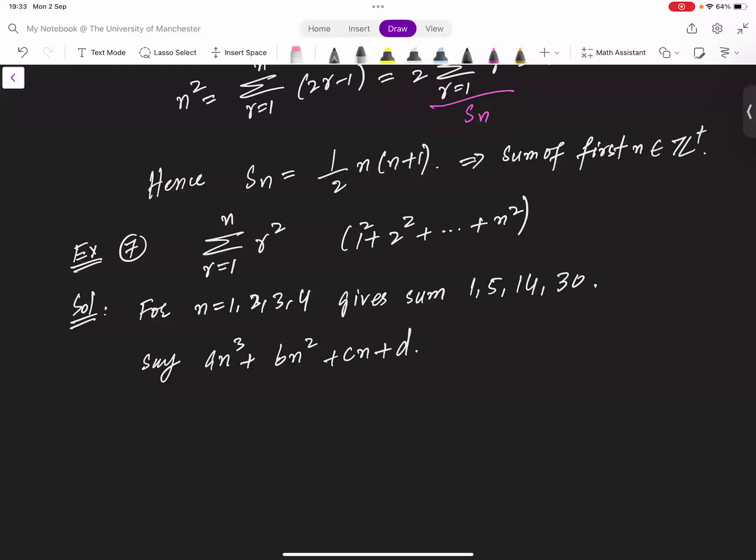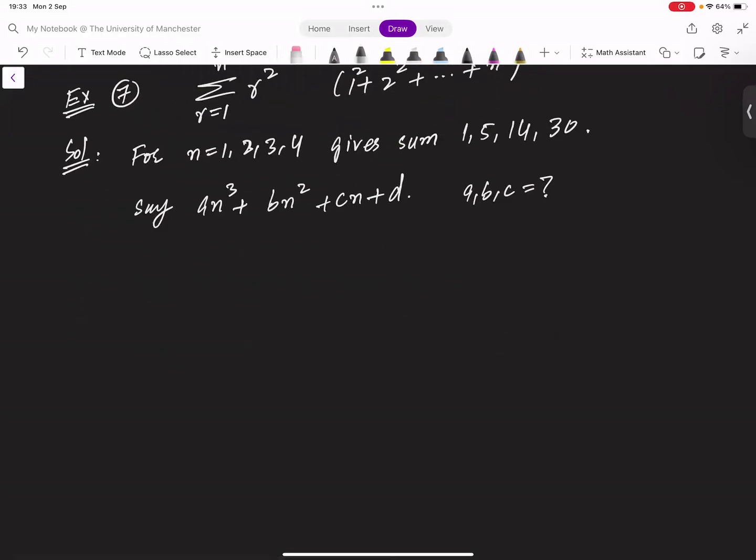What about these a, b, c, d? Well, they have to fit the values of the sum for n equal to 1, 2, 3, 4, and hence must satisfy the following equations.